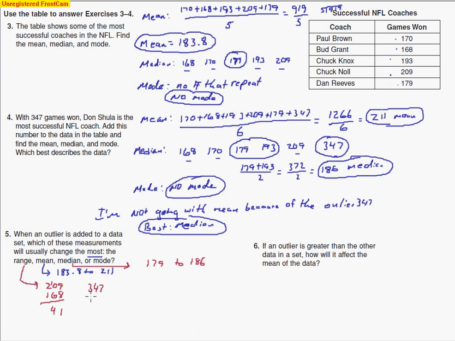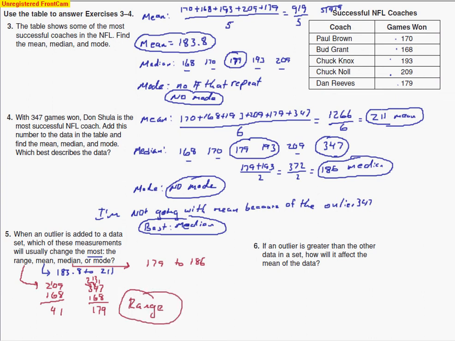The smallest number is still the same, 168. We do that subtraction, and we have to borrow all the way back from the 3, change it to a 2, and then do the subtraction, and we end up with 179. Wow! So obviously the range changed the most when we added that outlier.